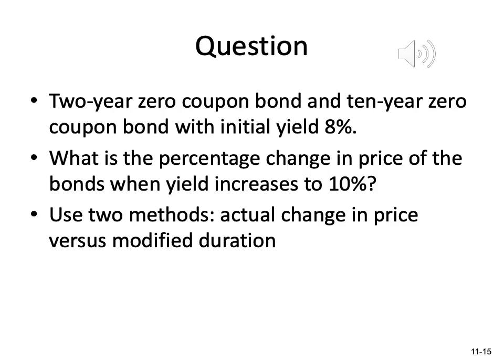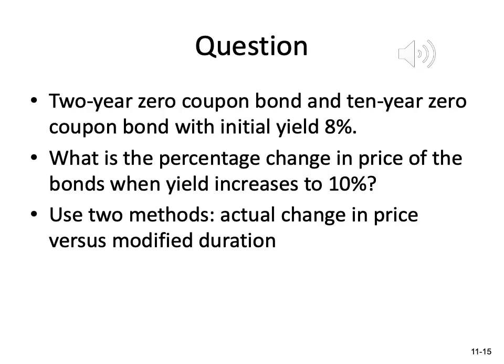A 2-year zero coupon bond and a 10-year zero coupon bond with initial yield 8%. What is the percentage change in price of the bond when the yield increases from 8 to 10%? We are going to use two methods, the actual price change and the approximation of the price change using duration.